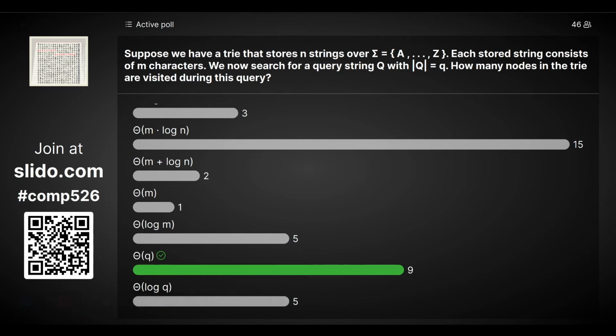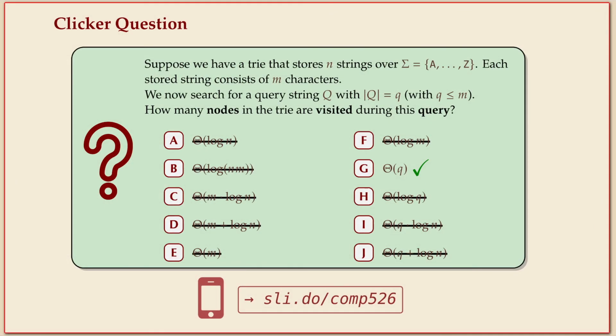It's not useful to change your answer now. The right answer is linear in the length of the pattern that we're looking for.